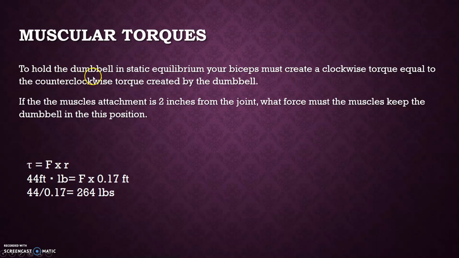So 2 divided by 12 is 0.17, and 44 foot-pounds is my torque, which has to be counteracted by some unknown force, which is what we're calculating, times the distance of 2 inches, or 0.17 feet. I rearrange that: 44 divided by 0.17 gives us 264 pounds. So in order to hold up a 40-pound dumbbell, your muscles actually have to support 264 pounds of force.